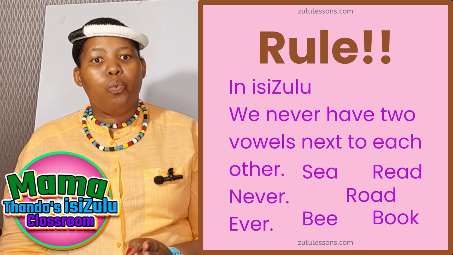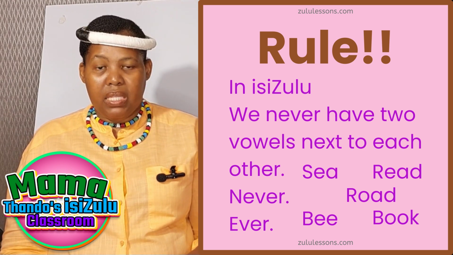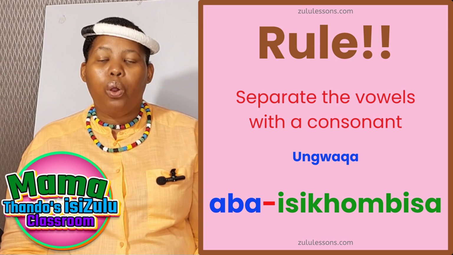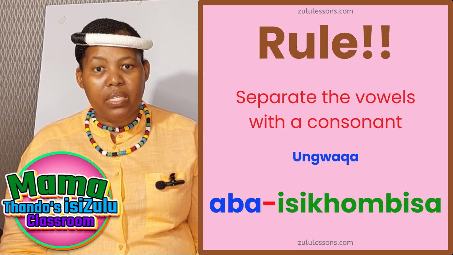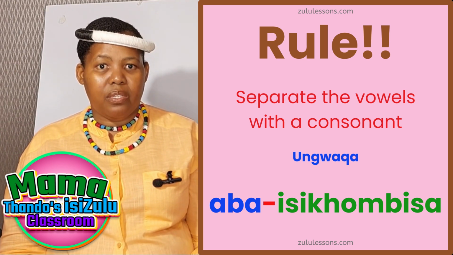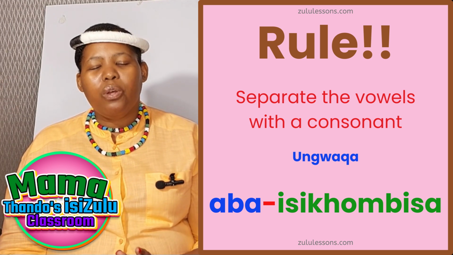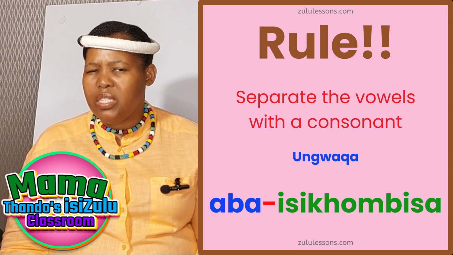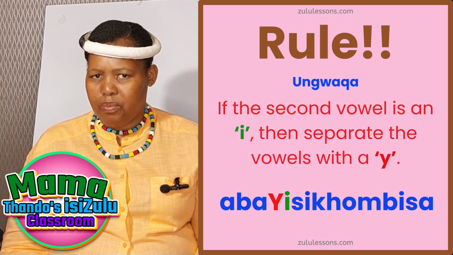So, we either blend the vowels together to give us another vowel, or we separate the vowels with a consonant. So how do you know which consonant to separate these 2 vowels with?